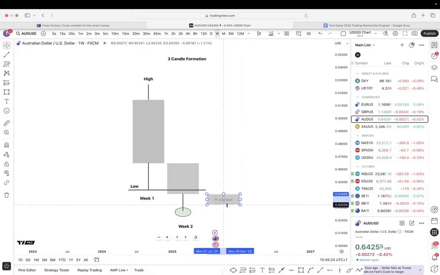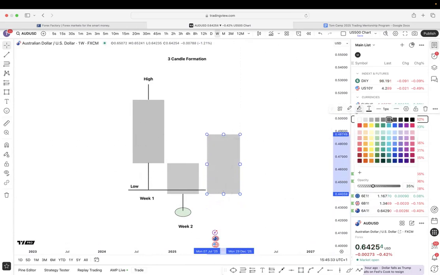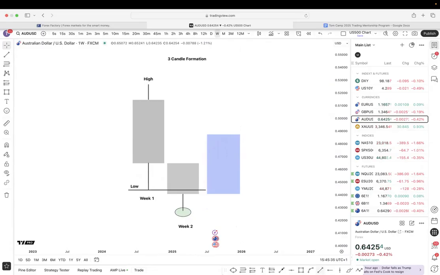Now, let's say we actually continue to respect this low, but the candle changes bullish. So now it currently looks like that.